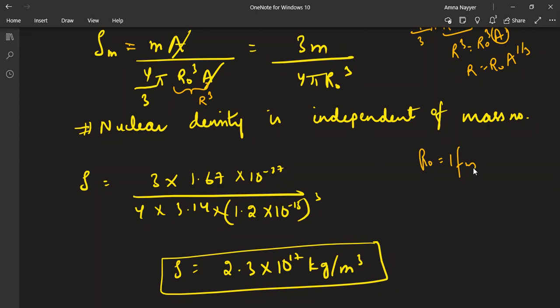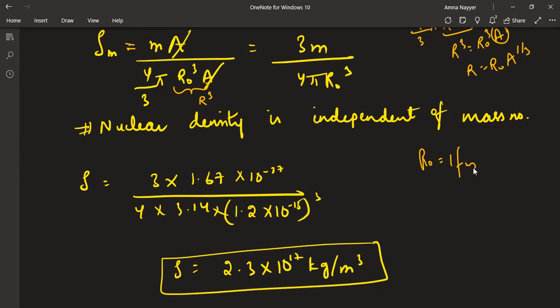So this is not depending on anything. No variable term is coming here. All the terms are just constant. A specific value of nuclear density you have. It means even if I replace calcium's nuclei by argon's nuclei, other physical quantities will change, but the nuclear density will still be 2.3 into 10 to the power 17 kg per meter cube for any nucleus. Because you can directly see this is not depending on any atomic number or mass number.